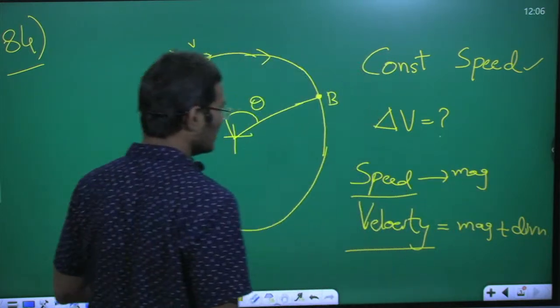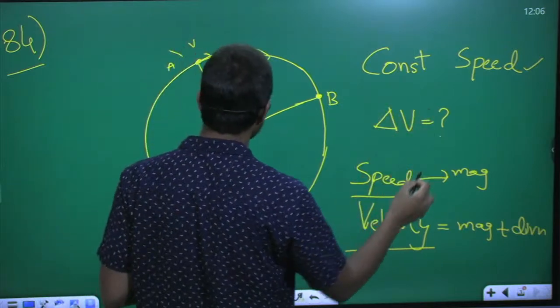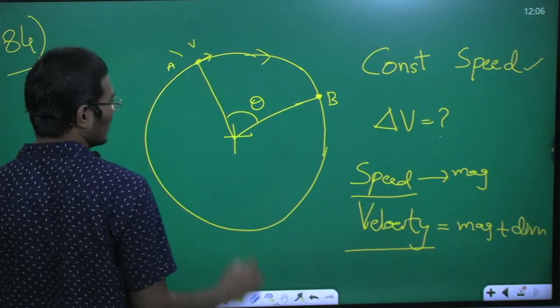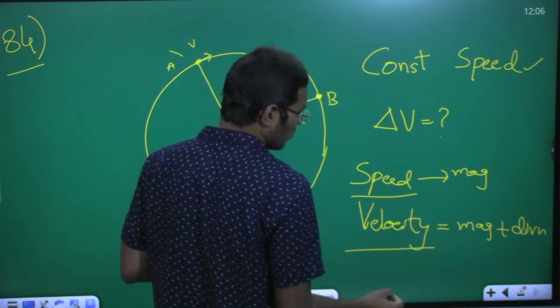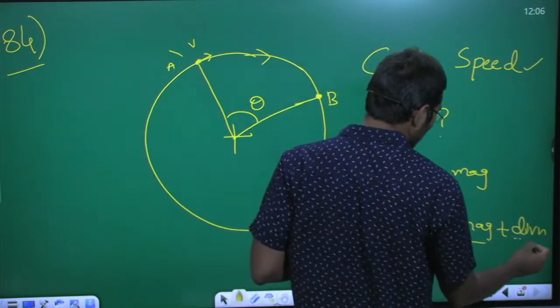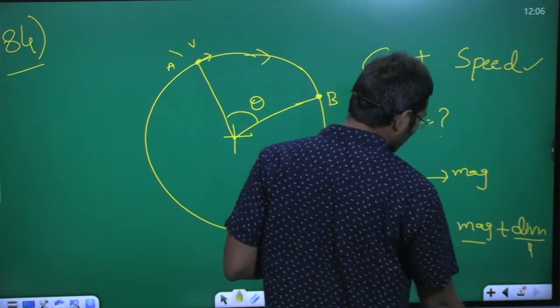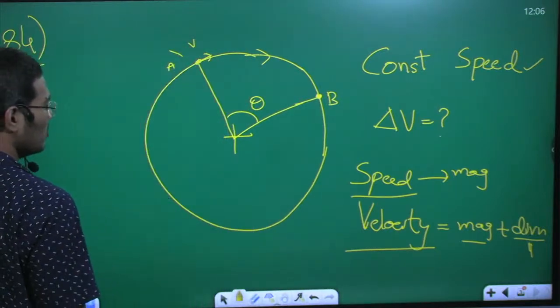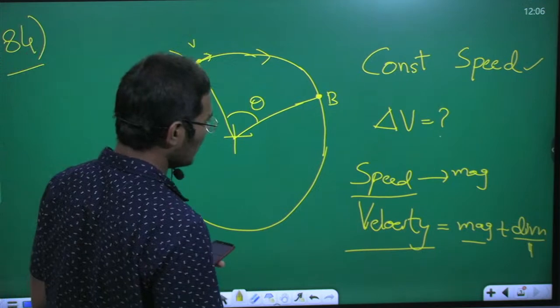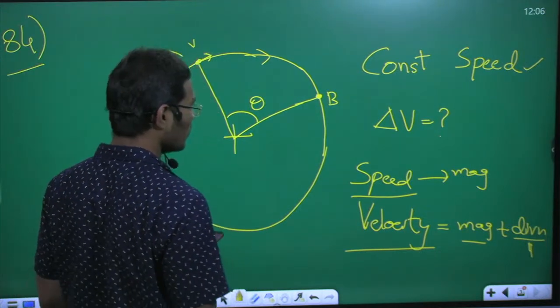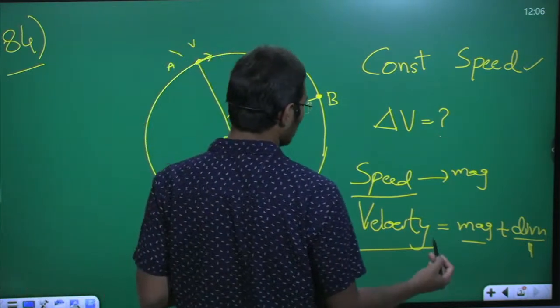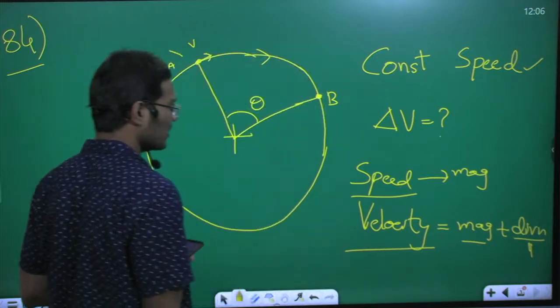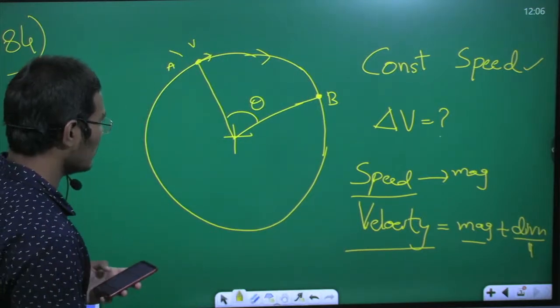Here it is said that speed is constant, which means the magnitude is constant, but velocity includes magnitude as well as direction. So the direction keeps changing. You may think that change in velocity will be 0, but only the change in magnitude is 0, not direction. So now it's a part of vectors if we try to carefully understand. So let's try to do this.